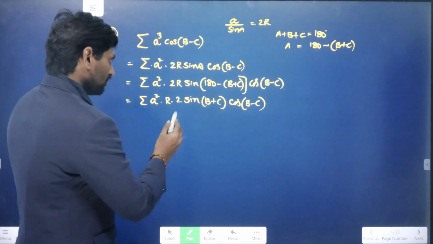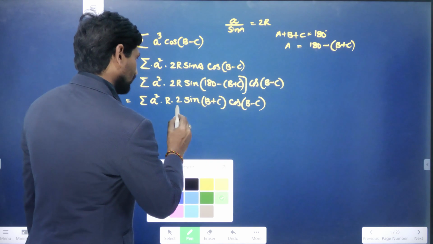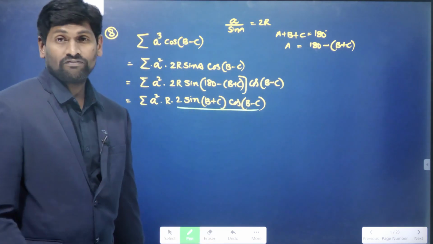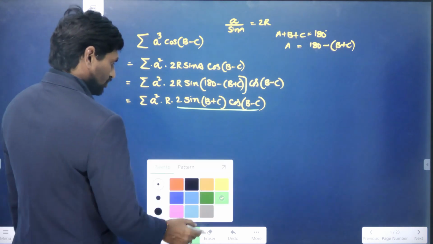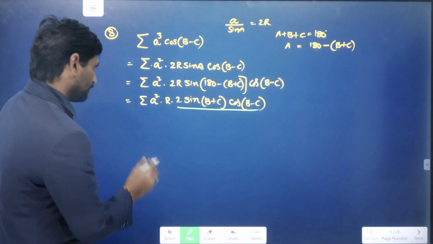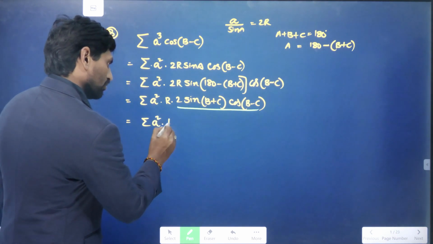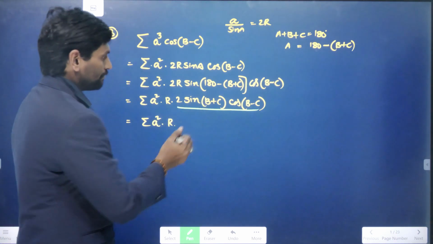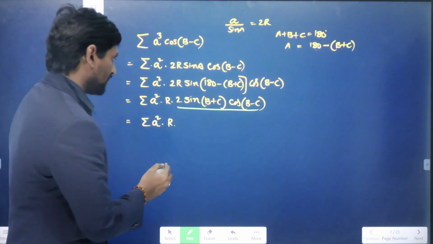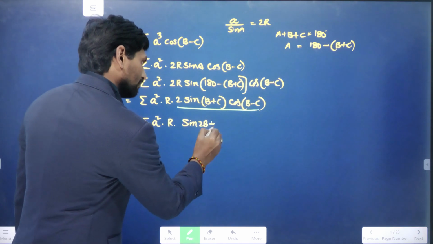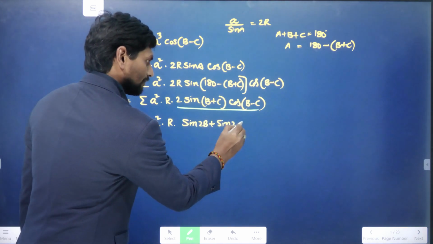Now in the place of 2r, I can write 2 into r. Now just observe this one. It is in the form of 2 sin cos. 2 sin cos is a formula for sin plus sin. That is equal to sigma a square into r, and in the place of 2 sin(b plus c) into cos(b minus c), I can write sin 2b plus sin 2c.